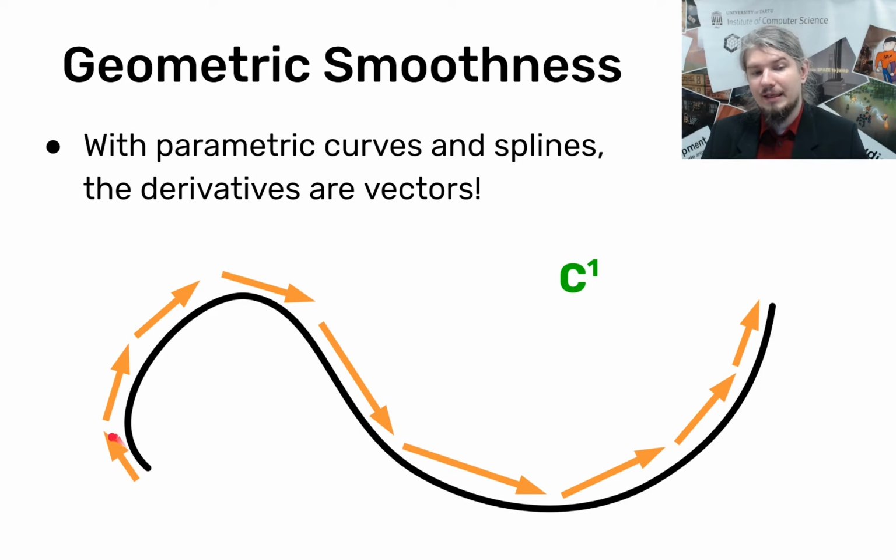Mathematically, the x-coordinate of this arrow would just be the derivative of the polynomial for the x-coordinate, and the y-coordinate would be for the polynomial that gives us the y-coordinate. But it's easier to look at them as arrows. So over here, these arrows change their size and direction smoothly. There isn't a sudden jump at any location, so this curve would be a C1 curve.